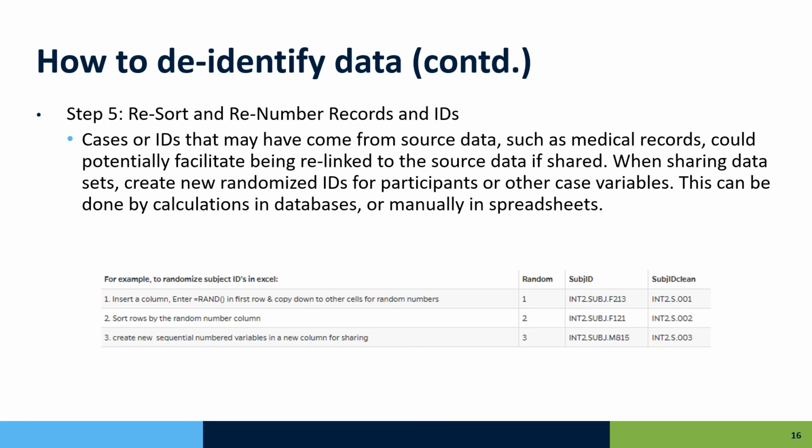Number 2, we sort rows by the random numbers column. Again, same thing, and it's going to sort it in a way that corresponds in a cleaner format. Then create new sequential numbered variables in a new column for sharing.